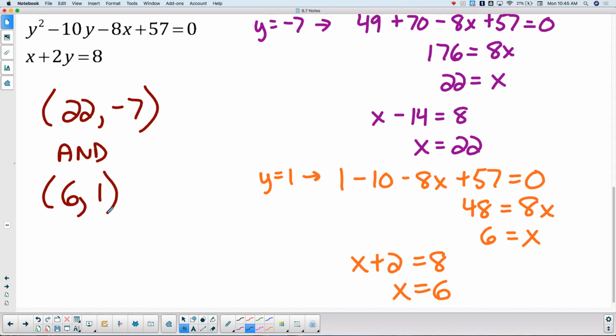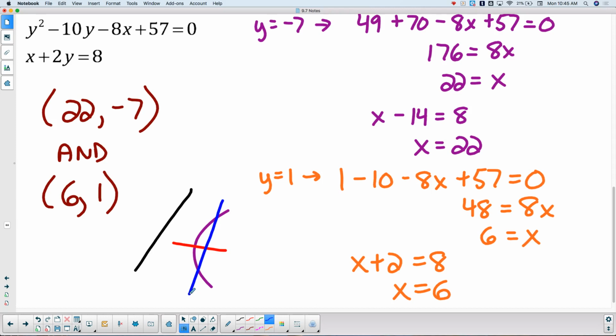So I've got a right opening parabola and a line. So the choices are none, 1, or 2, right? And this one just happened to be a 2er.